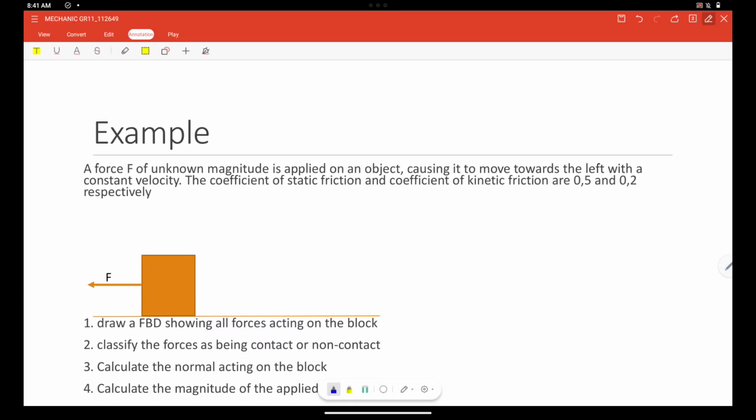It says a force F of unknown magnitude. So there's the force, we don't know the size of this force, applied on an object, causing it to move to the left with a constant velocity. So constant velocity, immediately we should be thinking acceleration is 0. We should also be thinking F net is equal to 0.